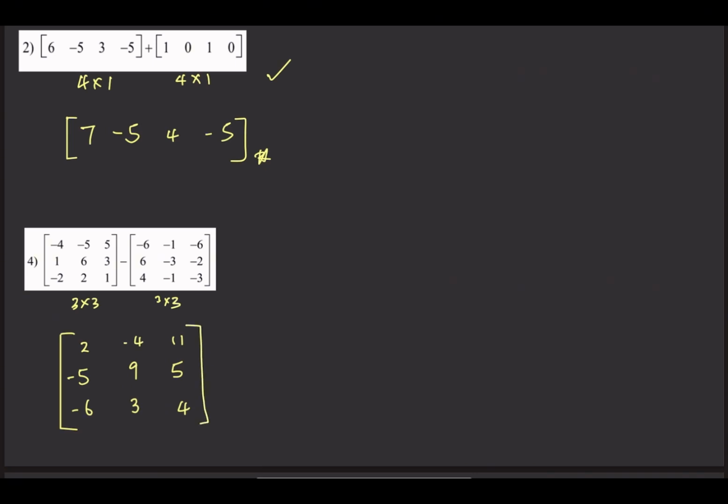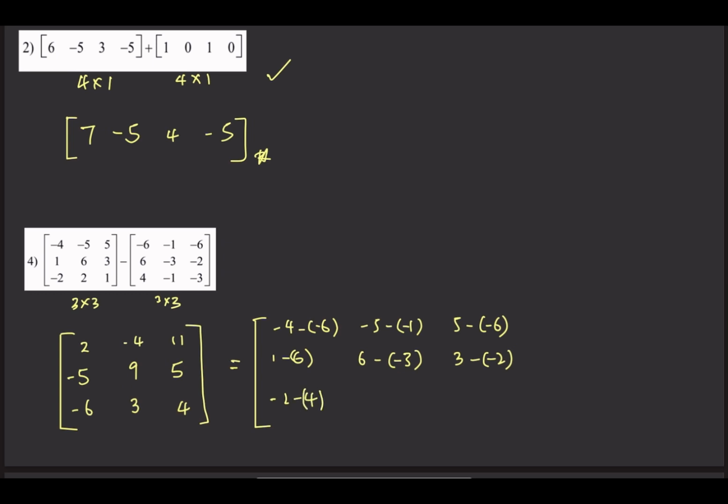In case you didn't really understand it, let me make the working easier to follow. It's basically -4 minus -6, -5 minus -1, 5 minus -6, 1 minus 6, 6 minus -3, 3 minus -2, -2 minus 4, 2 minus -1, 1 minus -3.